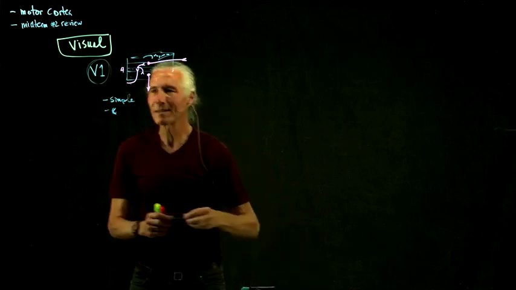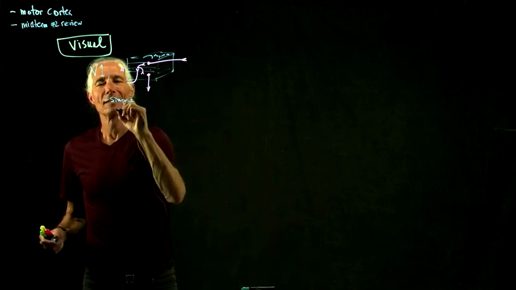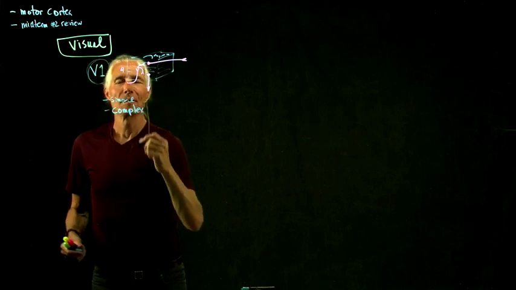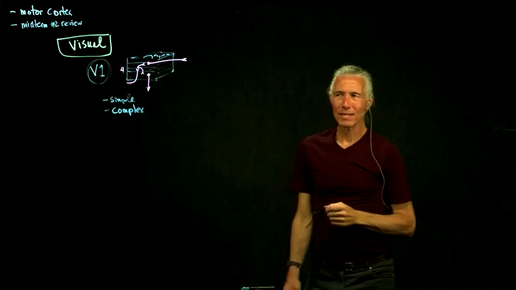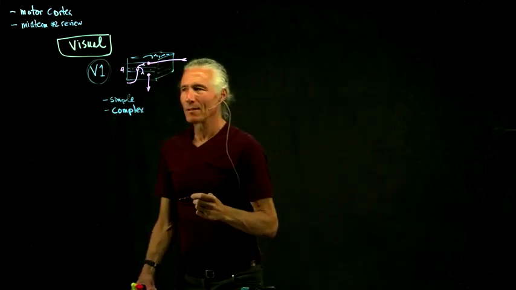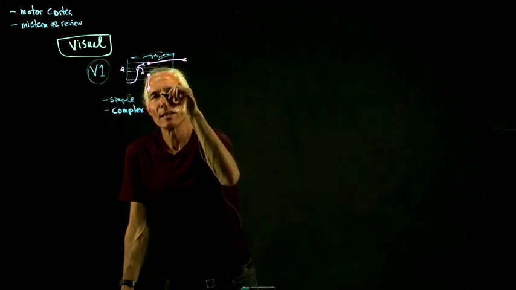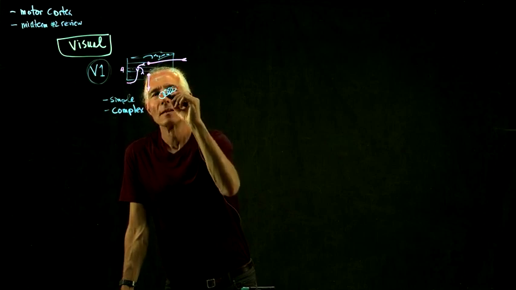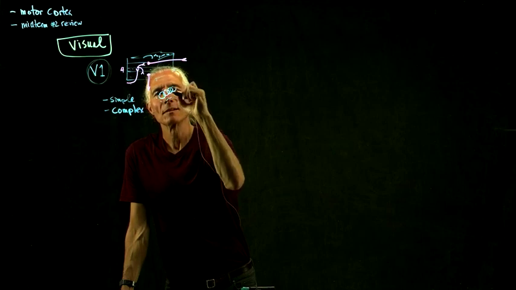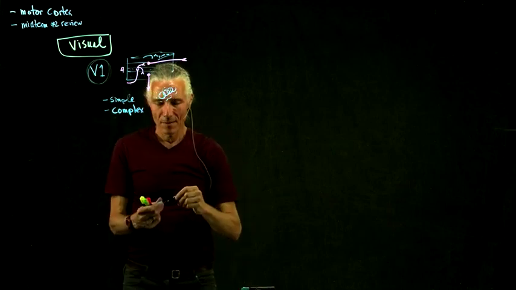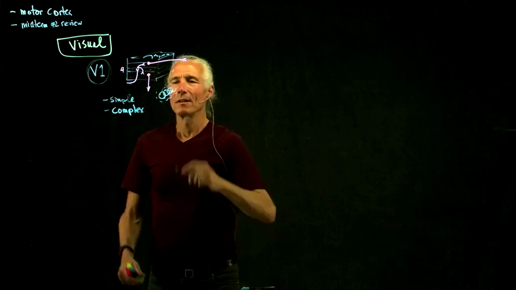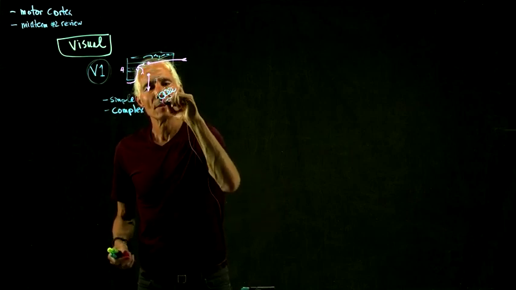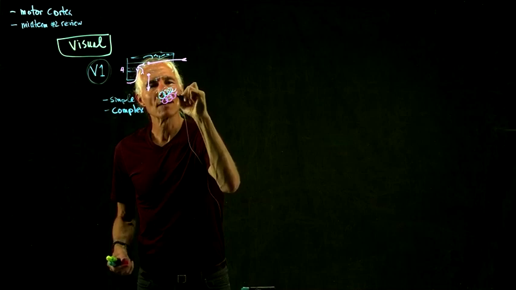So what was the simple and complex business? Mainly, how do you make a simple cell? You take a bunch of retinal or lateral geniculate on cells and line them up. And here's their surround. They might have an inhibitory surround. And then you take a bunch of off cells, I'll put those in red, and make a little row of off cells.